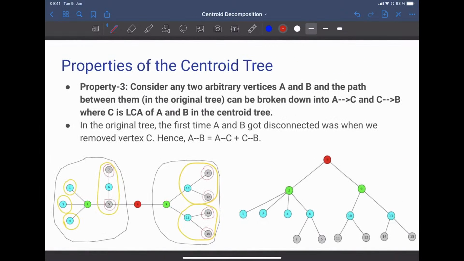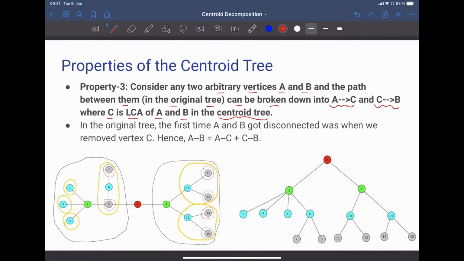Now the third property is also a very interesting property. It says that if you consider any two arbitrary vertices A and B and the path between them in the original tree, we can claim that this path can be broken down into two different paths, A to C and C to B, where C is the LCA of A and B in the centroid tree.